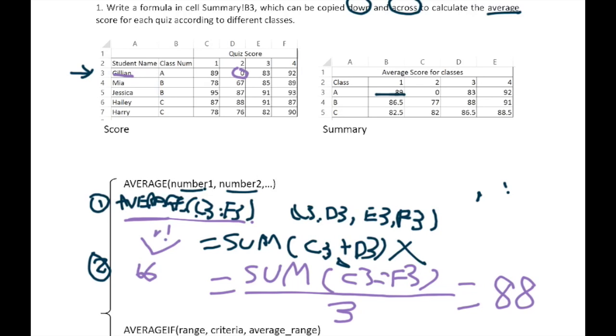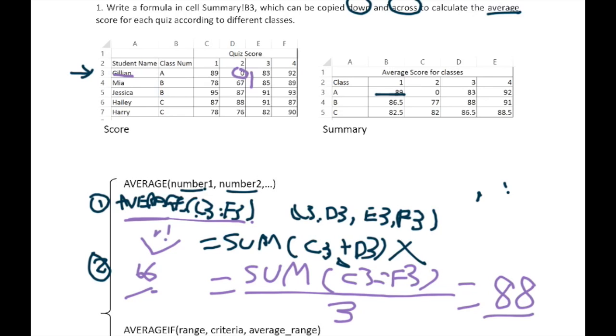You can see it's a large difference between these two, 66 to 88. So make sure that you know when you want to use average and when you want to use the sum divided by the counts. If you have a 0 inside your cell range, you probably want to use sum divided by counts. But if, for example, this cell is empty but not 0, then you should use average, because it will just ignore the cell automatically.